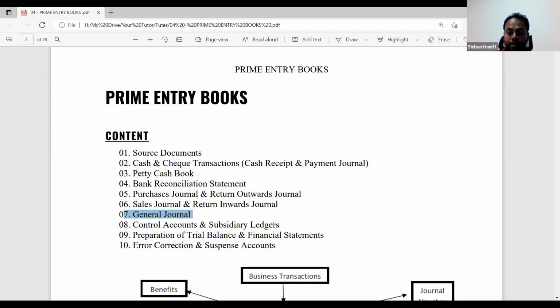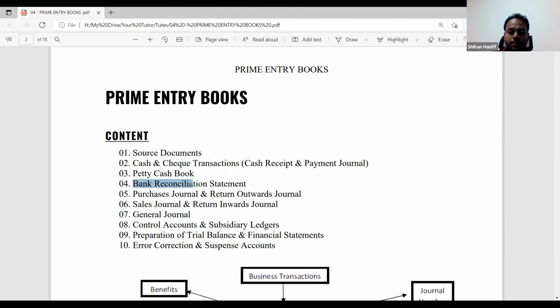And there are two types of ledgers. One is general ledger, the other one is sub ledger. When we are preparing the sub ledger, we take the transactions for the control accounts. Later I will discuss what a control account is and how we prepare the general ledger and sub ledger.